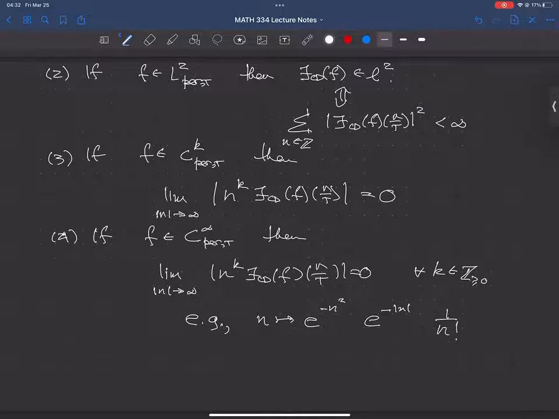So those are examples of things that decay faster than polynomials. And this gives you a nice way of constructing infinitely differentiable periodic signals, which is to just choose some sequence that decays faster than polynomial, and plug that in for the CDFT of f.